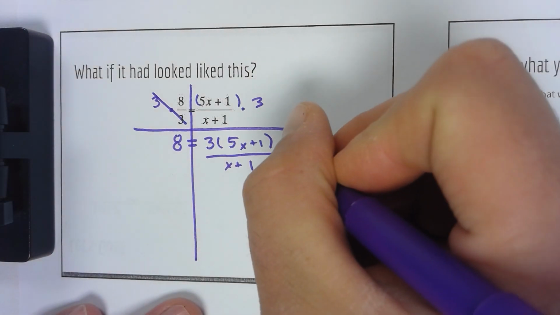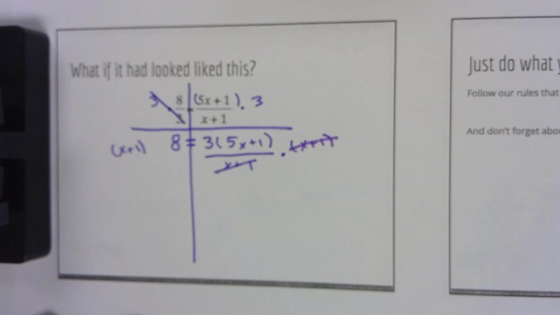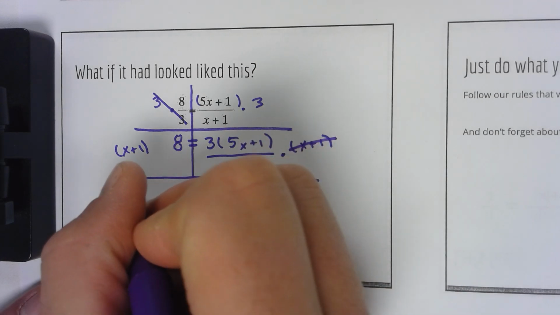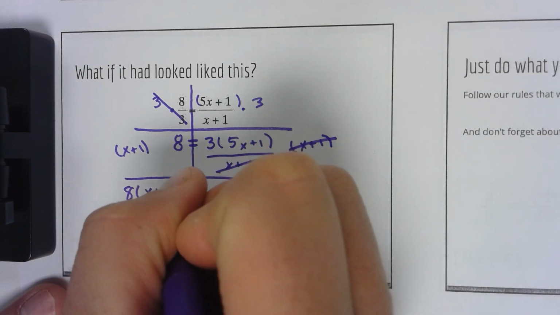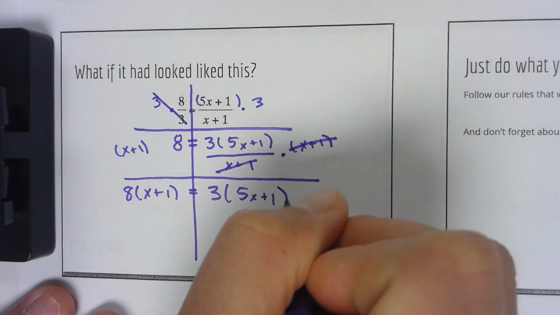And so I'm going to multiply both sides by x plus 1, as that gets rid of this dividing. And on the left side, that 8 will need to distribute. So I have 8 times x plus 1, and it equals 3 times 5x plus 1.